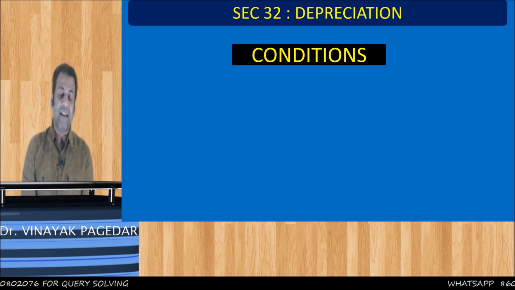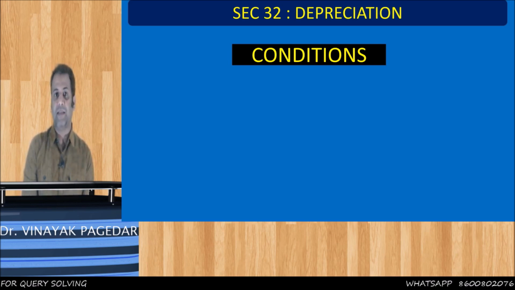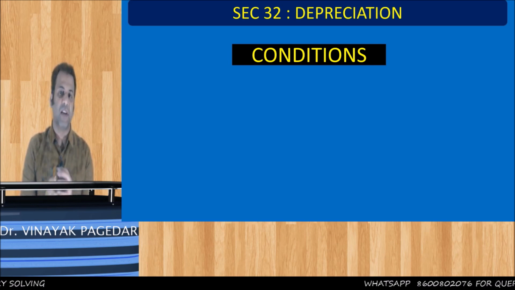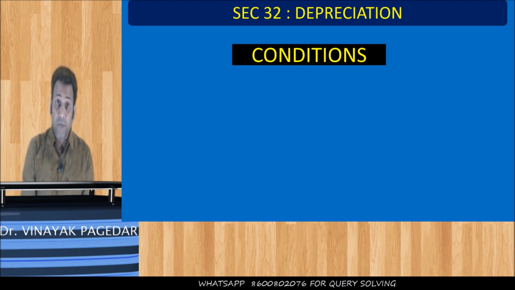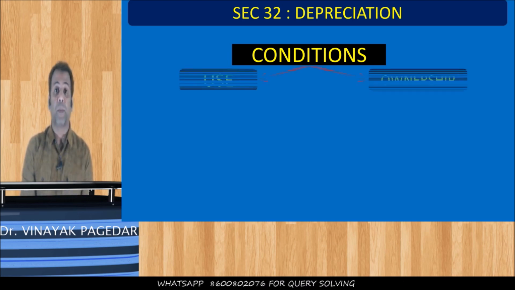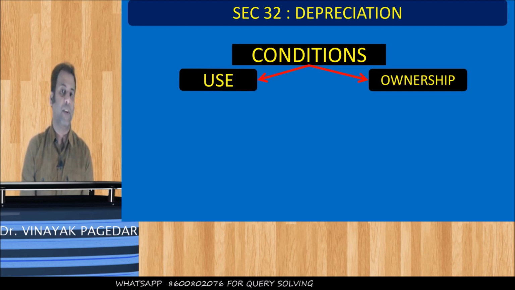If the asset is not used for the business, like say it is used for personal purpose, then depreciation under Section 32 will not be allowed. But if the asset is used for the purpose of the business, then the depreciation will be allowed.